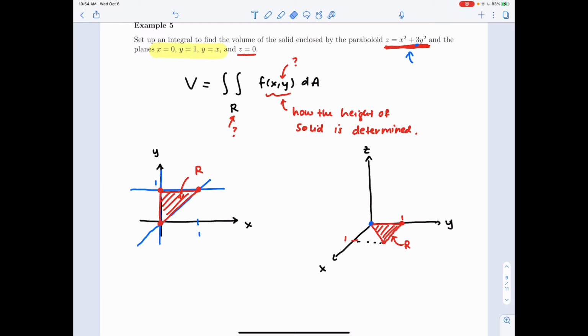They're going to look like ellipses. And so I'm just going to sketch, or try to sketch, a paraboloid that's opening in that direction, and then we'll go from there.